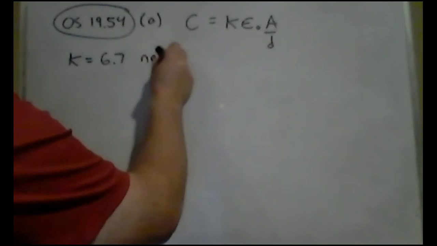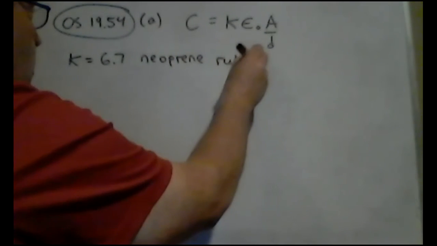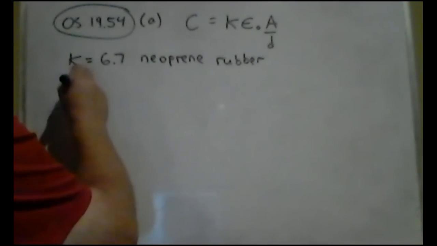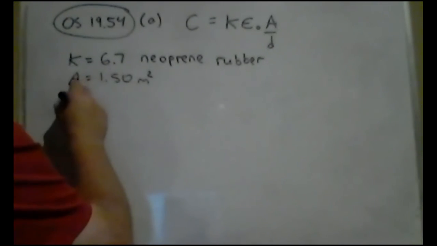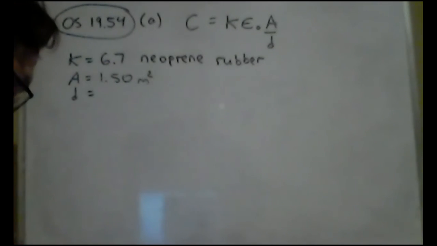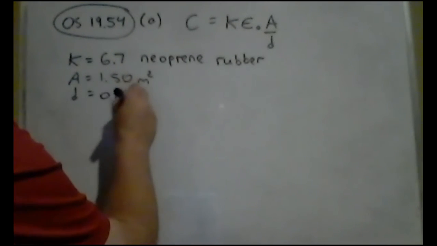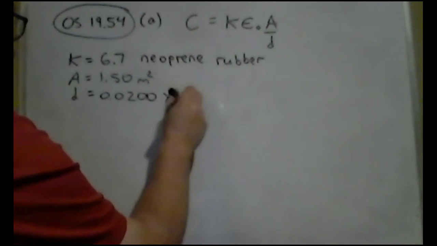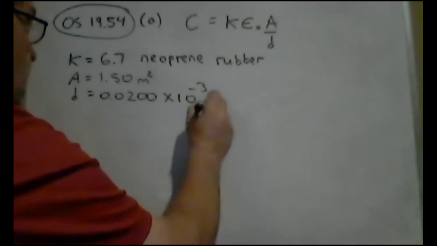I was given the area A, 1.50 meters squared, and the separation of the plates D of 0.0200 times 10 to the negative 3 meters. I'm given all of this information.